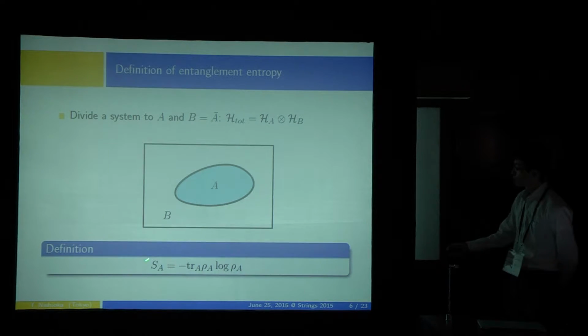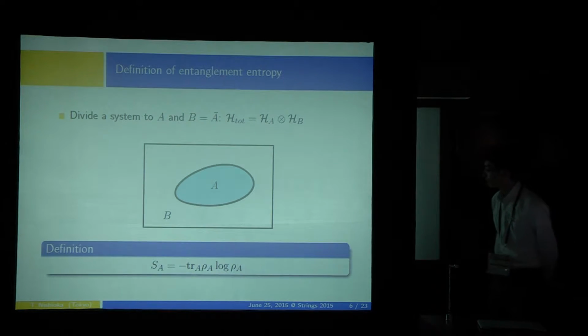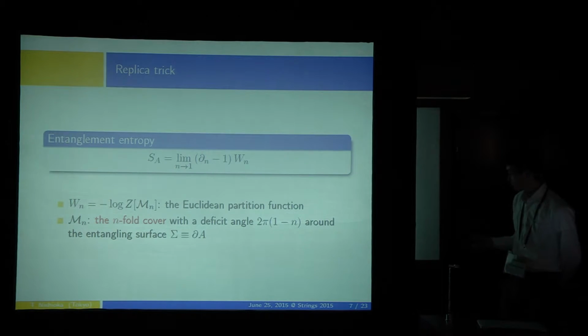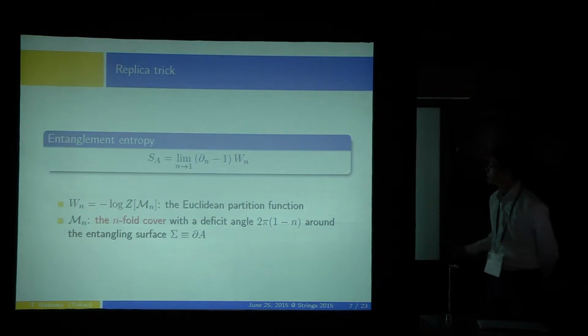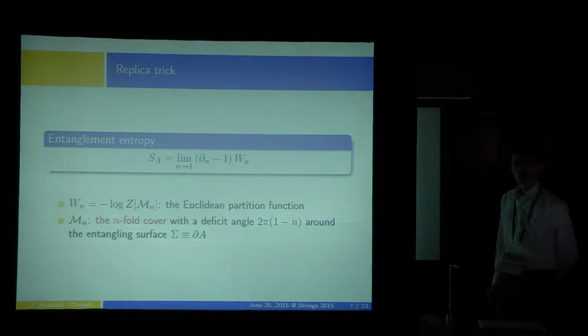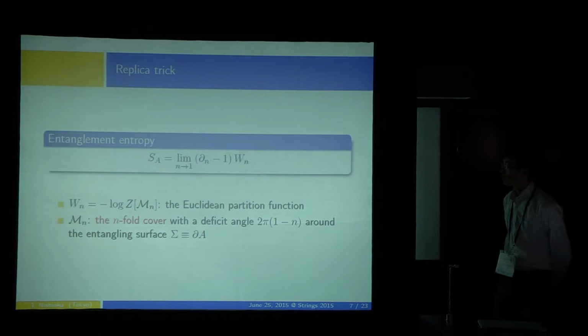It's not easy to directly evaluate this quantity in quantum field theory, so people usually introduce a replica trick. The replica trick introduces one auxiliary parameter n. Once we introduce it, what we have to do is calculate the Euclidean partition function on some n-fold cover space. This Wn is actually minus log of Z, the log of the partition function on the n-fold cover.